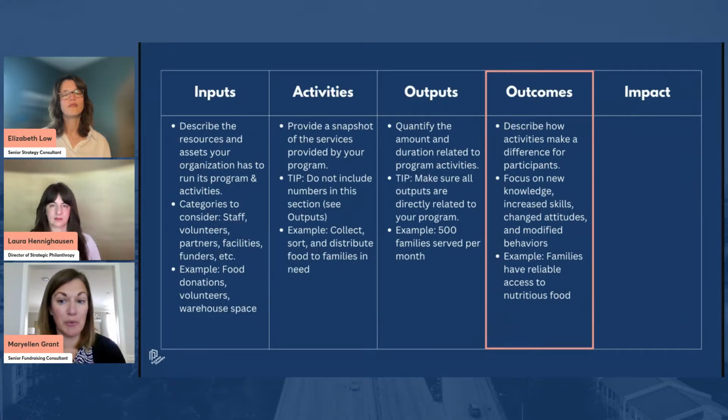If our food pantry distributes food to families in need, then 80% of participating families will report reliable access to nutritious food. So strong outcomes focus on new knowledge, increased skills, changed attitudes, and modified behaviors. They also quantify growth with numbers or percentages.